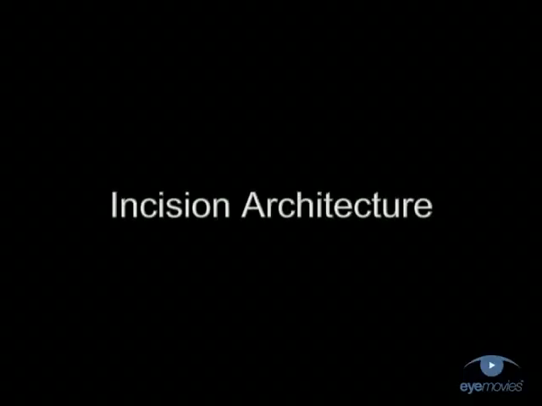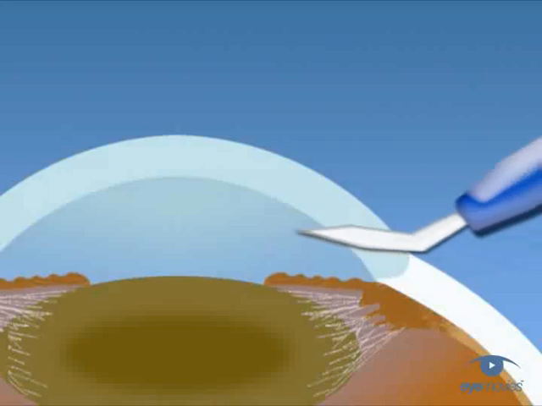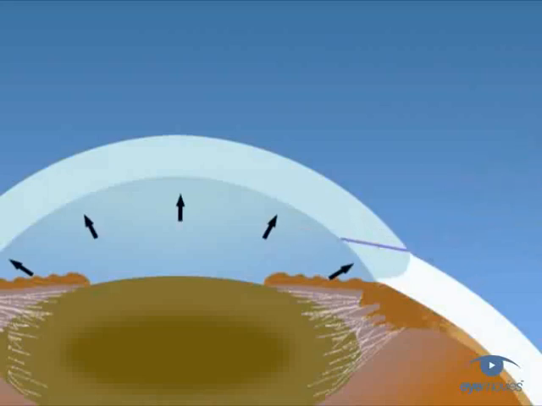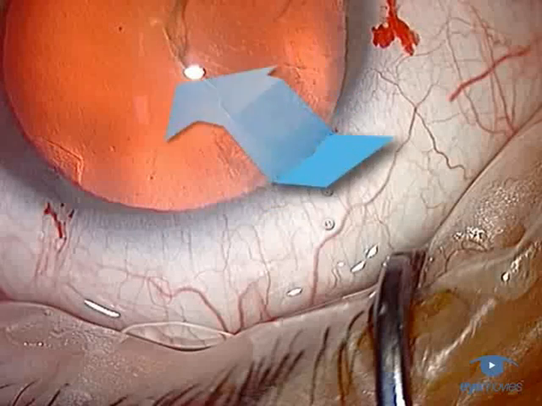Now let's take a look at the architecture of the incision. The basic principle to emphasize here is that its architecture determines the stability of the incision and makes it self-sealing through the flap valve action of the tunnel floor. Remember the three components of the architecture: width, length, and the internal contour through the cornea.